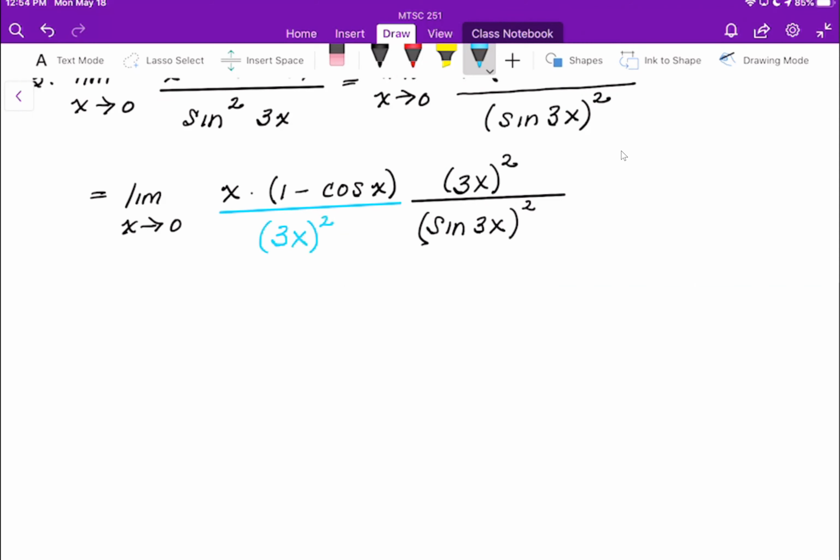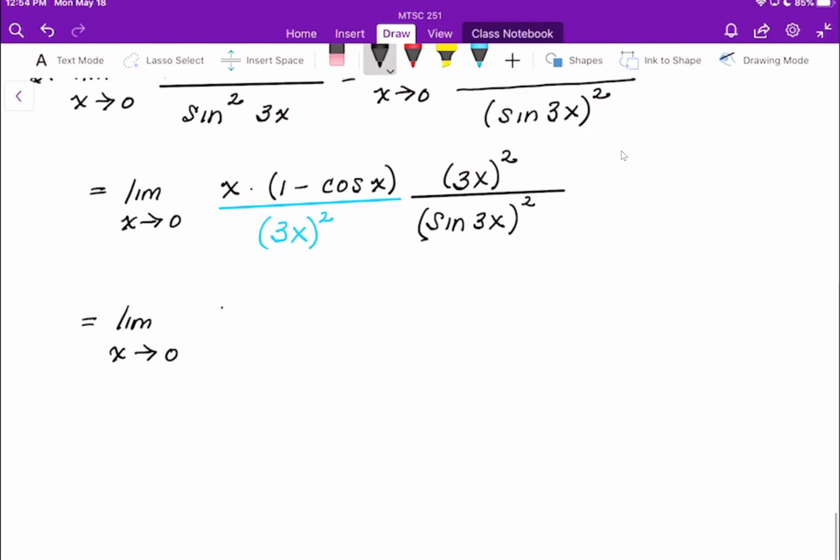Okay. So now we get the limit as x approaches 0 of 1 over 3x squared. Let's pull out the 1 over 9. Then I'm going to have x divided by that x. We can see they're going to divide out. We're going to get 1 minus the cosine of x divided by x.